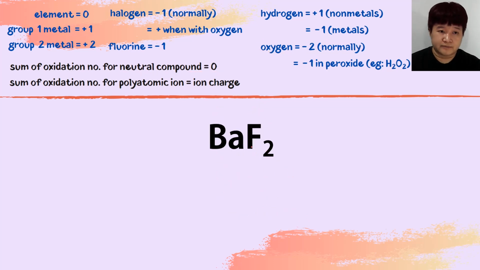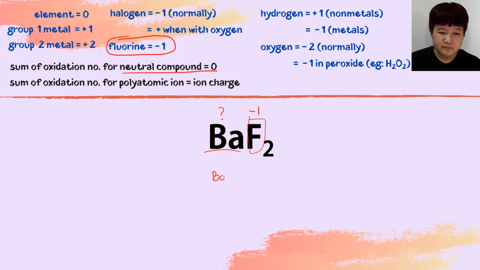Barium fluoride. In here, if you look at it, we have fluorine and we have barium. We know that fluorine, as stated very clearly, must be -1. So, what would the barium be? We know that it's a neutral compound, so it must equal 0.